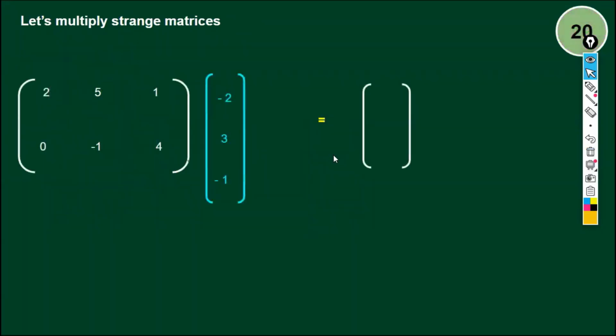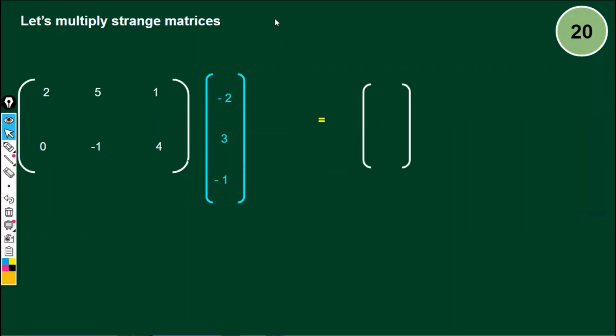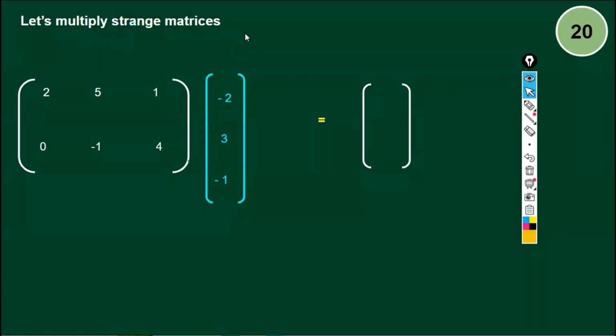Do you think it's possible to multiply these two matrices? What are your thoughts? Correct. The first matrix is how much? 2 rows, 3 columns. So the first one is a 2 by 3.